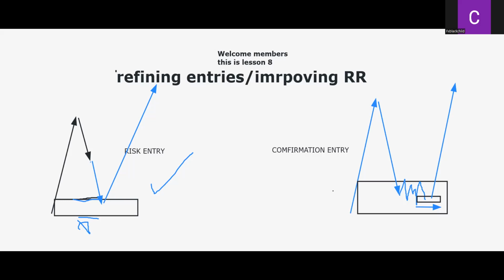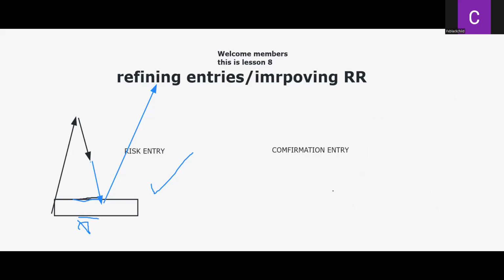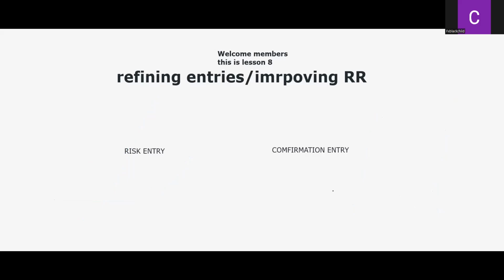And then let's see another thing, why confirmation entries are not good. Let's say this is your POI, right?